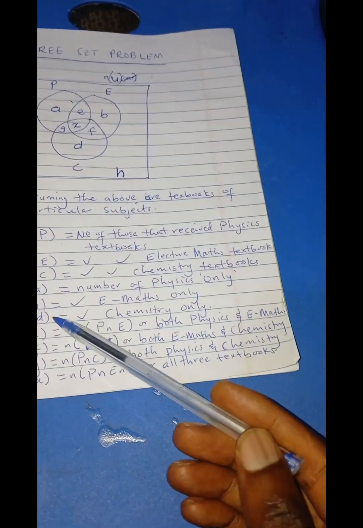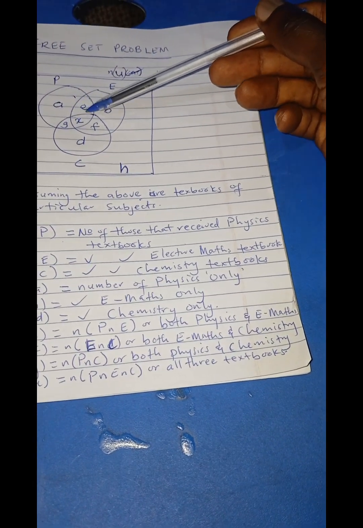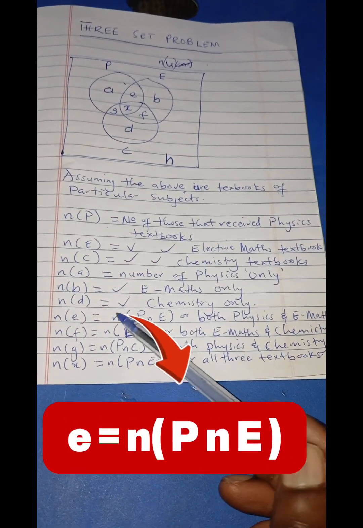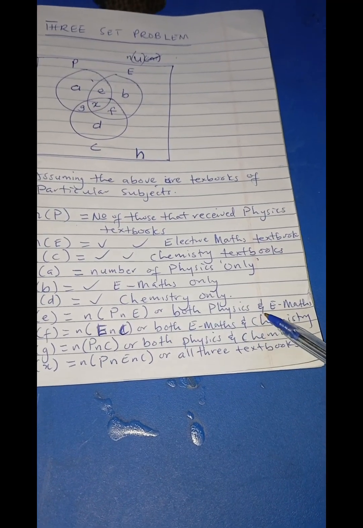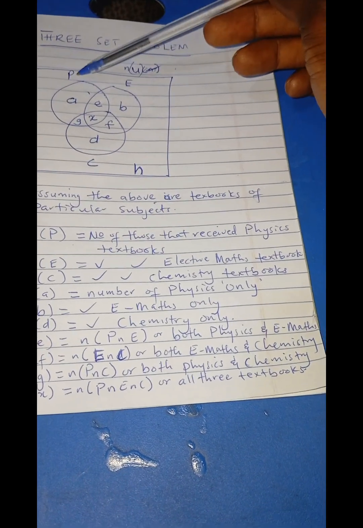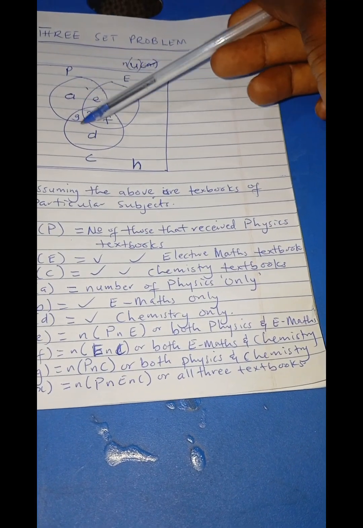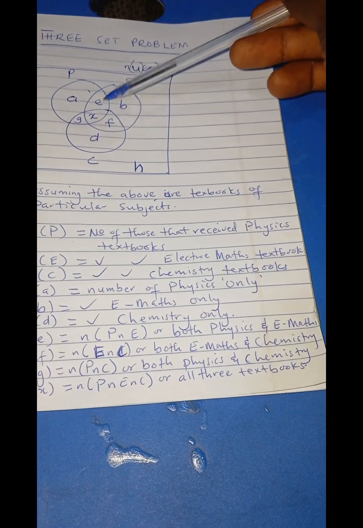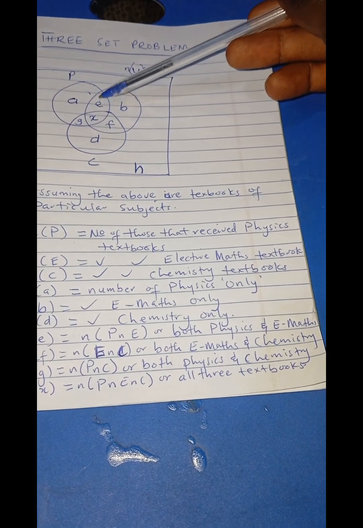Now let's proceed to the second part, where we have E, F, G. Our E here is this small part, and we are saying that the number of physics intersection elective maths is the number of students that receive both physics and elective maths textbooks. You will see that part of the physics textbook has been combined with part of the elective maths textbooks given out, and that particular combination, the common part, is what is termed the number of students that received both textbooks.